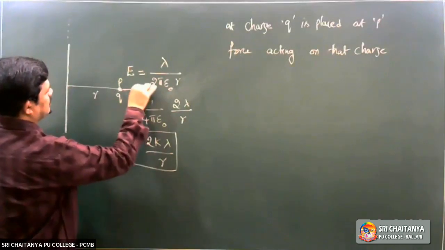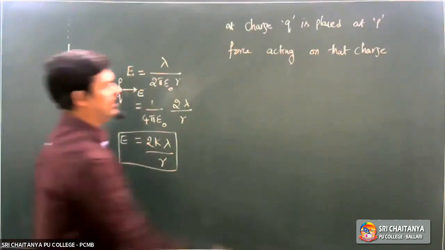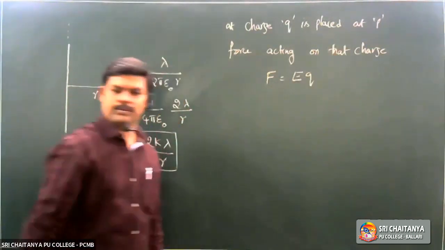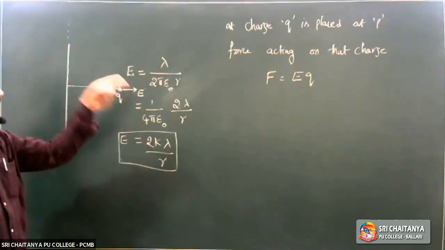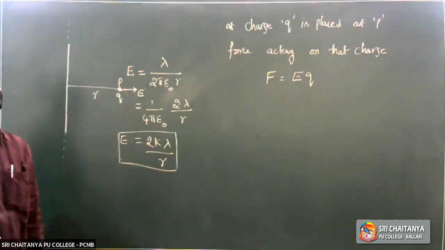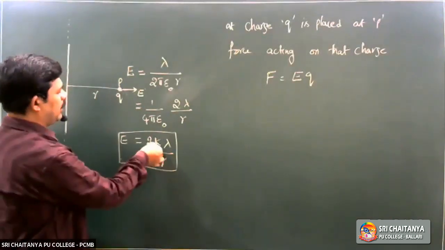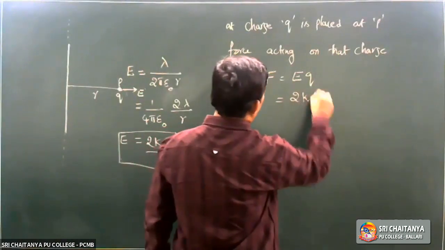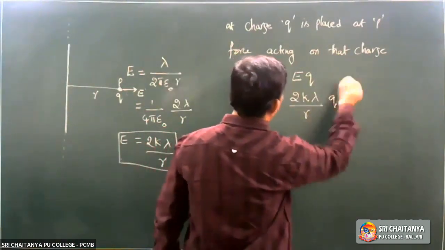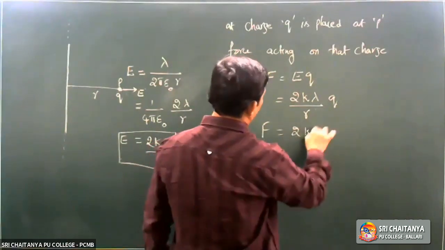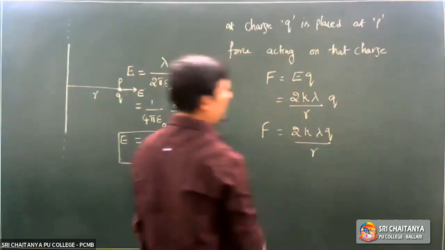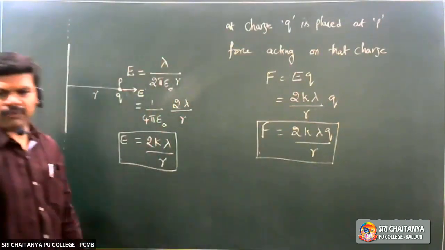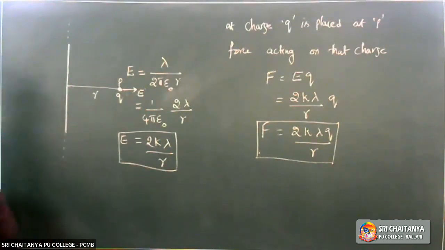See, the direction is this. The force acting on a charge when it is placed in an electric field is F equals EQ. Here, what is E? 2K lambda by r. So 2K lambda by r into Q. So F is 2K lambda Q by r. What is K here? 1 by 4 pi epsilon naught. A simple problem.